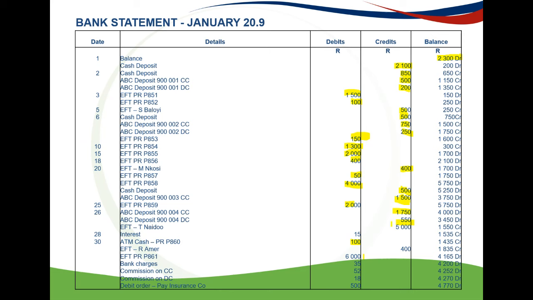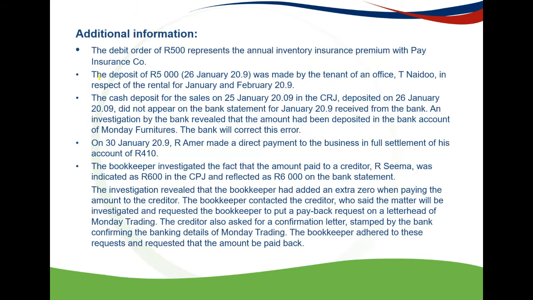Now, firstly, this 5,000 Rand paid by T Naidu, like we said, the deposit of the 5,000 by the tenant, must still be recorded because it was only done on the bank statement.